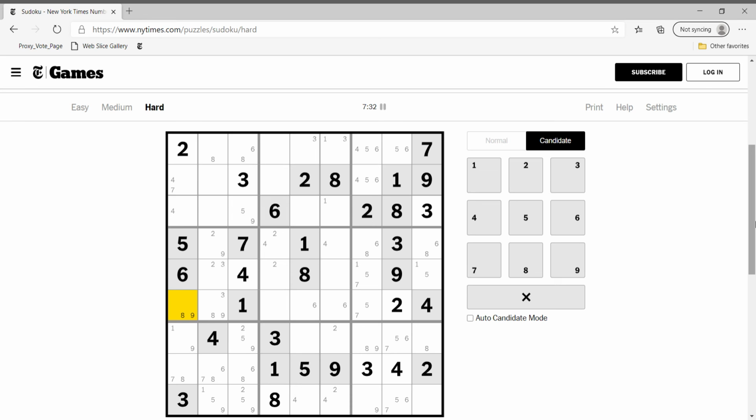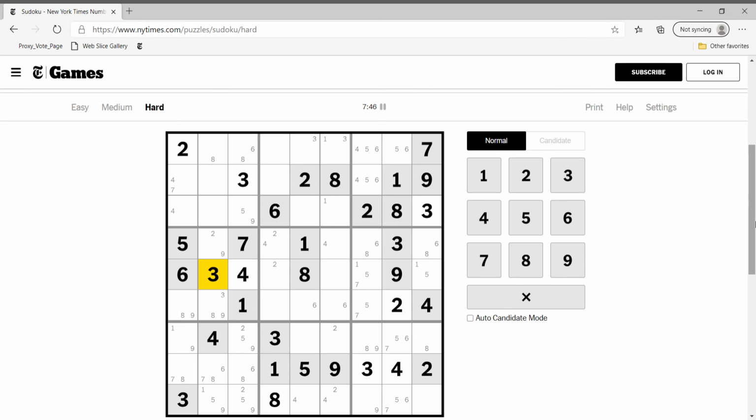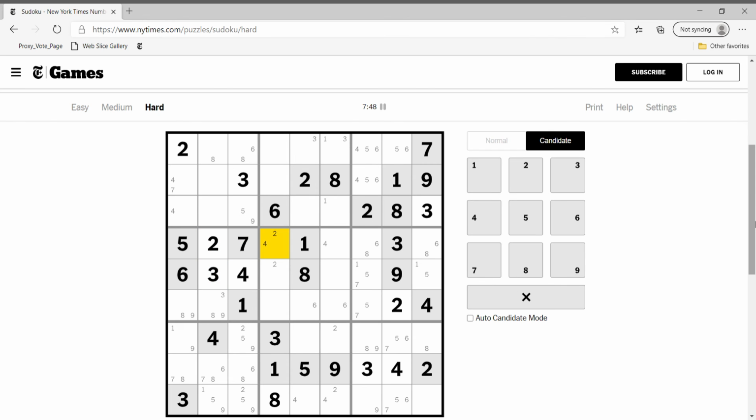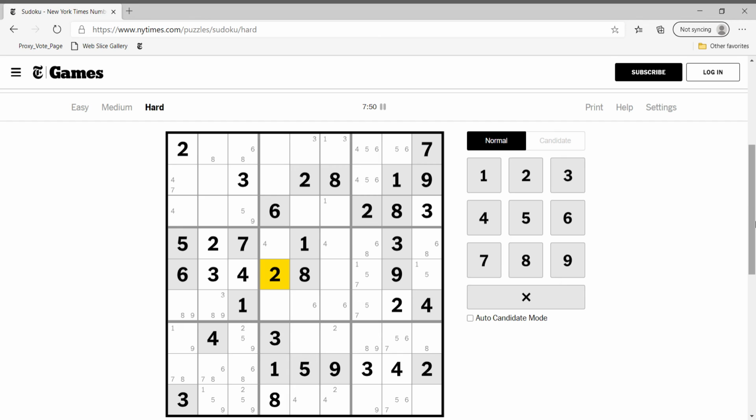Right. And if this is 9, then this has to be 8, and this has to be 3, and this is 2. So no matter whether this is 4 or 7, this cell ends up being 3, and this cell ends up being 2. So this is 2. I mean, like I said, there's probably a better way of doing this, but this is kind of what I saw.